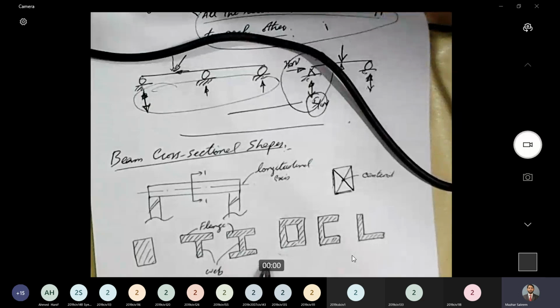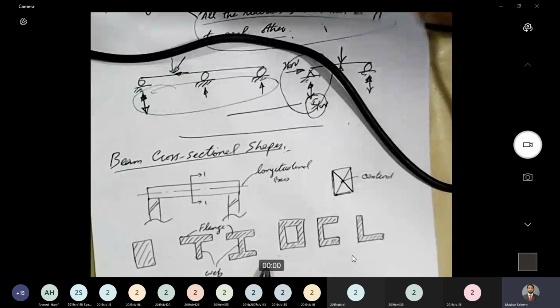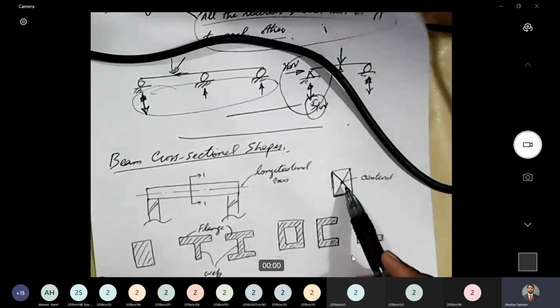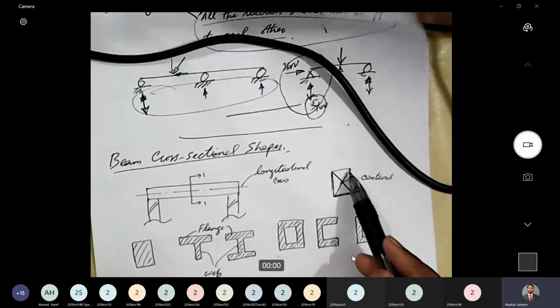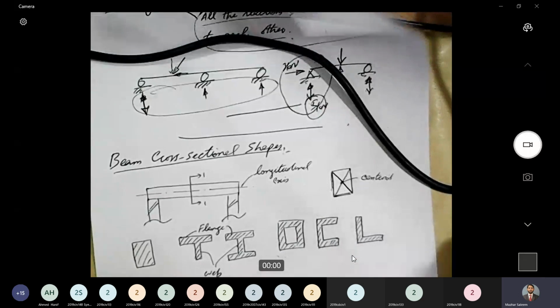So centroid. At this point, do you know now what is centroid? Centroid is the geometrical center of an area. For symmetrical shapes, it is simple to determine the centroid. For example, for a rectangle, as I said, it is the intersection of the diagonals.